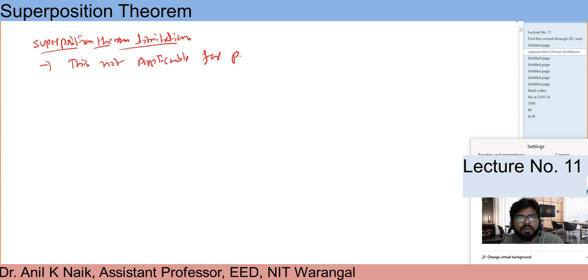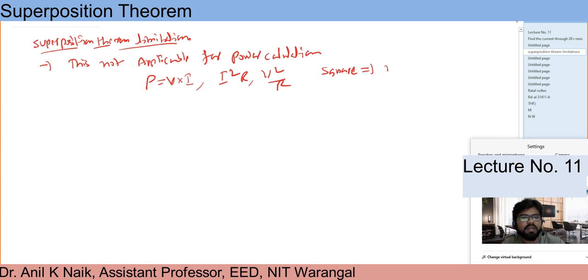If you want to find the power in any branch element, this theorem cannot be applied, because power is the product of voltage and current, or it can be I square R, or V square by R. Your power comes as a square term, so this gives a non-linear operation.